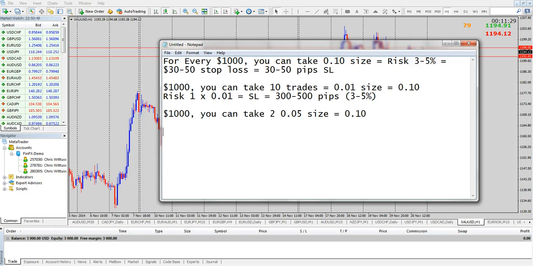So I can have 30 trades at 0.01, and my stop loss can't exceed just the 3 to 5%, right? So at 3%, that's $90. 3 to 5%. So you figure that out. Everyone with me?